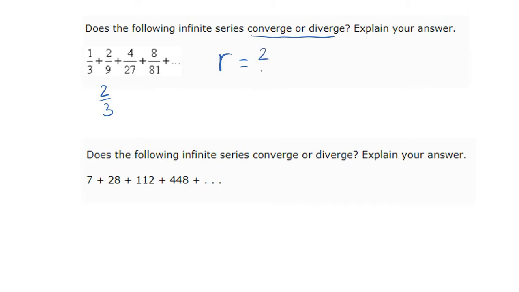So my r is 2/3. Well, is that in between negative 1 and 1? Yes. So yes, this converges, all right? How about this one? 7 to 28. Well, my r is 4. Is this going to converge? No. Okay, so this one diverges. This one converges because this is just getting bigger and bigger and bigger numbers as we go.